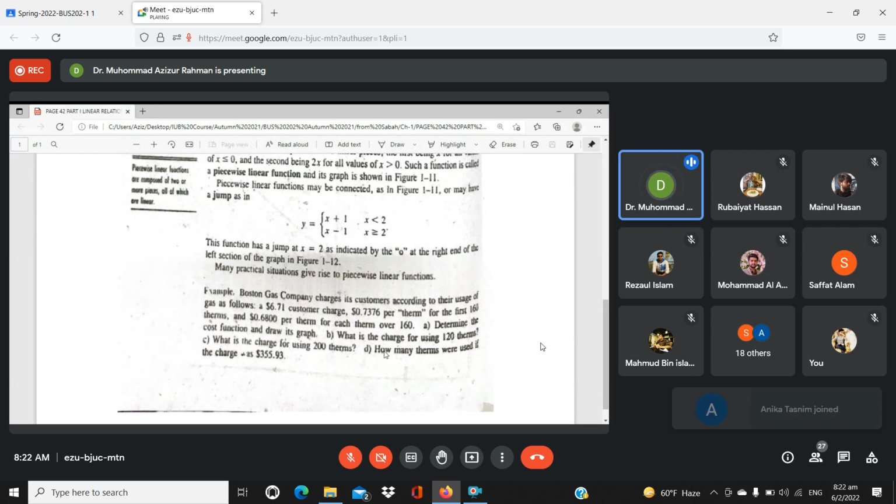Then the next question: how many therms were used if the charge is $355? That means your total charge is given, and you need to calculate how much therm you used for this amount of charge. So this is the situation. Let me go back to our slide and see.